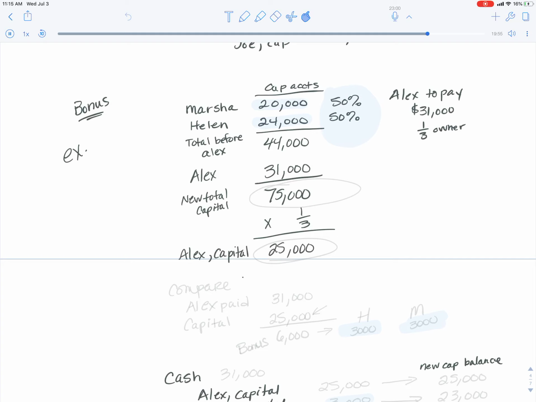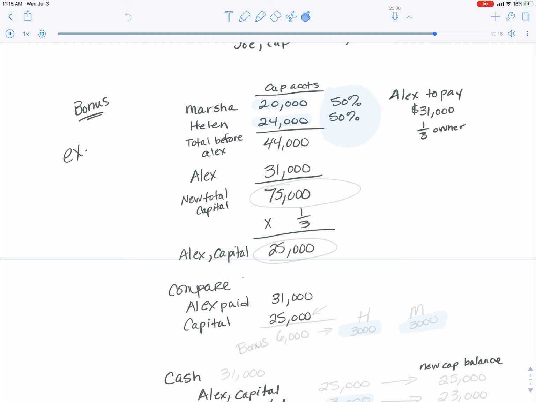$25,000. So now what you do is you compare: what did Alex pay? Well, he paid $31,000. What is Alex's capital? Well, it's $25,000. So you can almost think of this like a bank account.